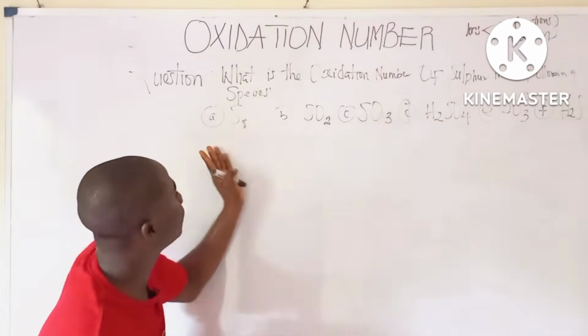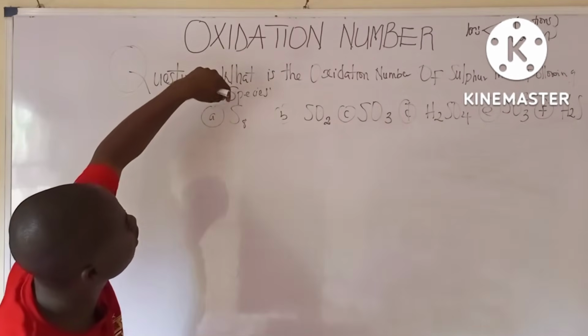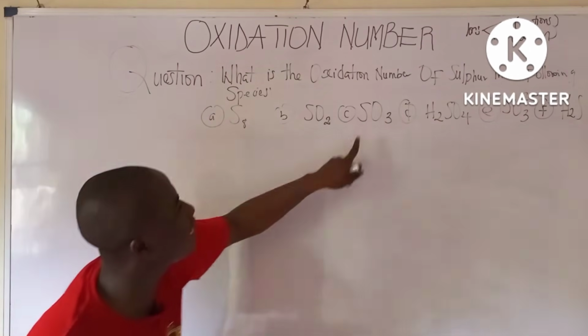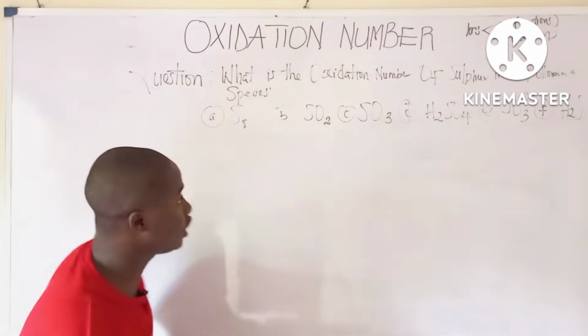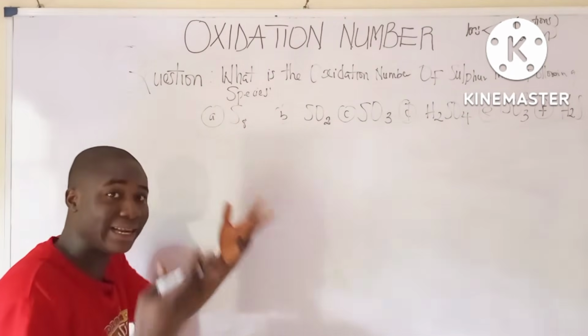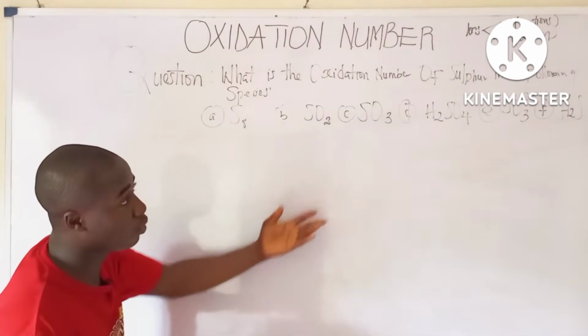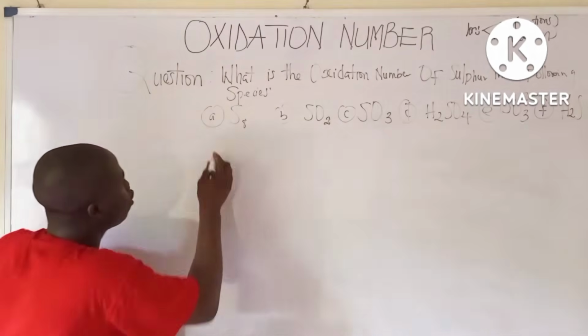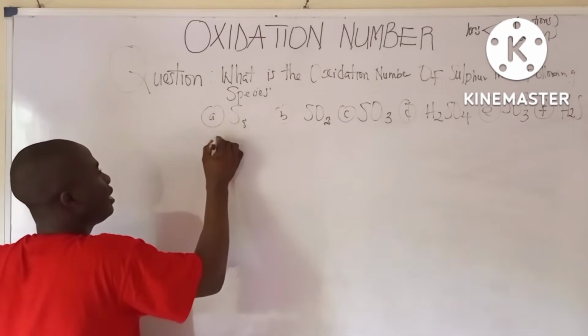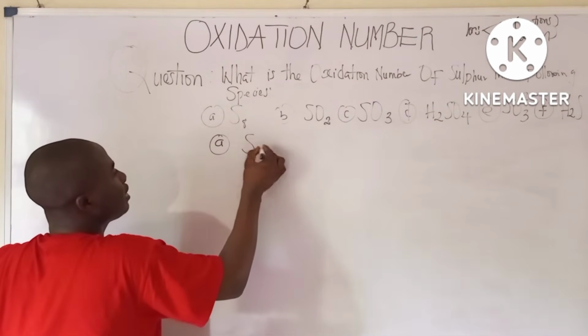These are what we are to look for. The oxidation number of sulfur in each of the following species, be it a compound or an element or a radical, as seen in the rules. So for A, that's S8.